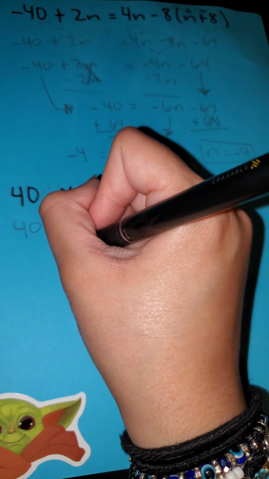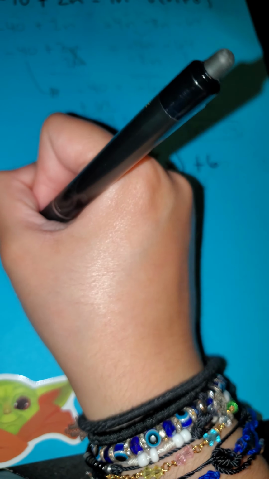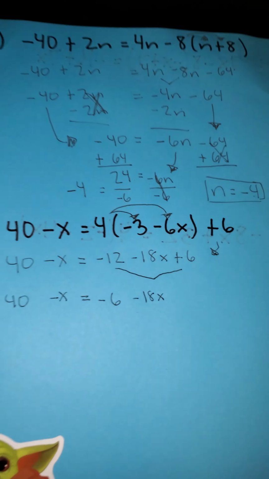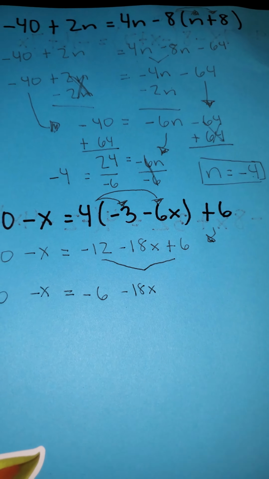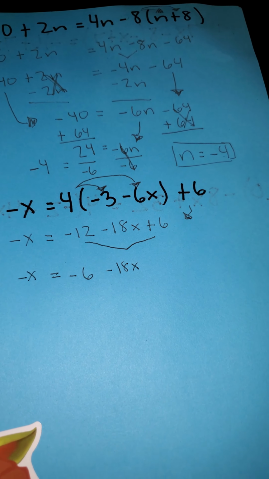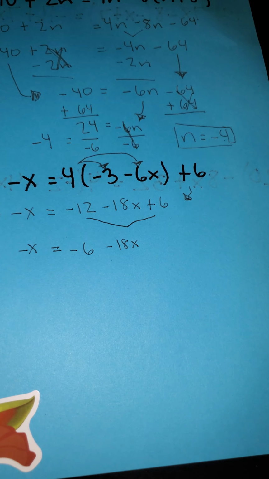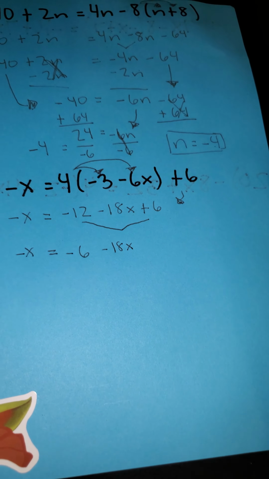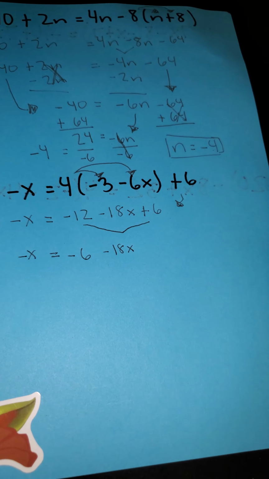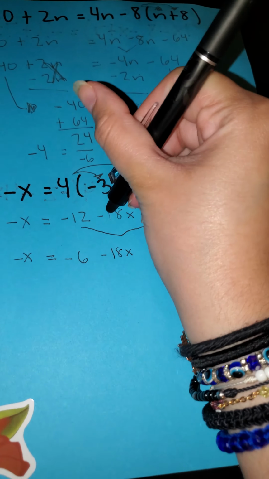And now we're going to bring down my other side of the equation. Just like that. Okay. And, oh wow, sorry, I messed up. 6 times 4 is not 18.